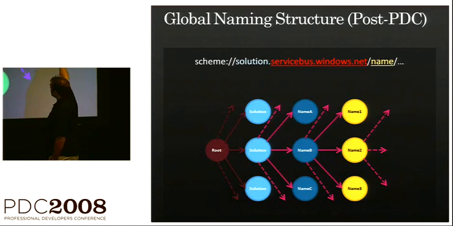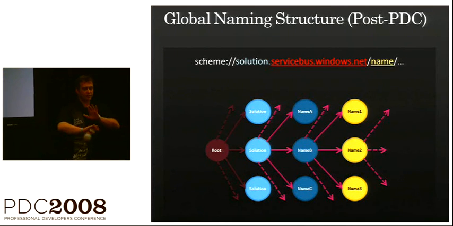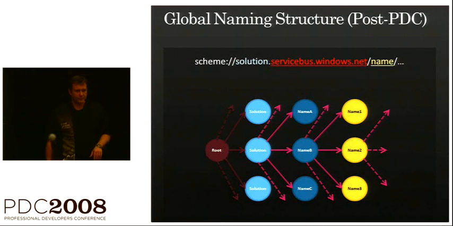So you may do name 2, name 1, solution.servicebus.windows.net/ and just create a root there, or grow it out to the other side, as you wish. Because we're all projecting this into the hierarchical naming structure that we have at the back.